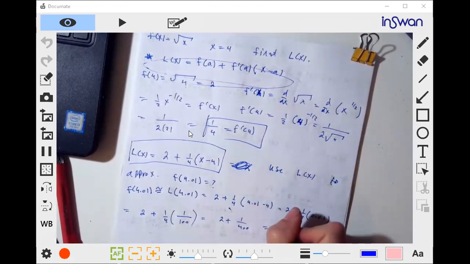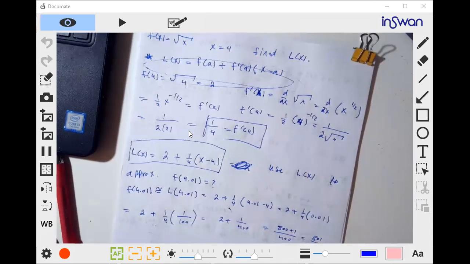So this is 800 plus 1 all over 400, which is 801 over 400. And that should be approximately 2, right? Because 400 goes into 800 twice. So 400 goes into 801 a little bit over 2, very slightly over 2.